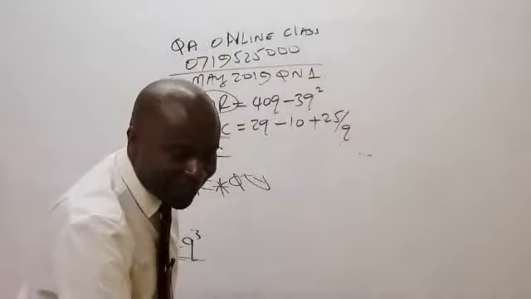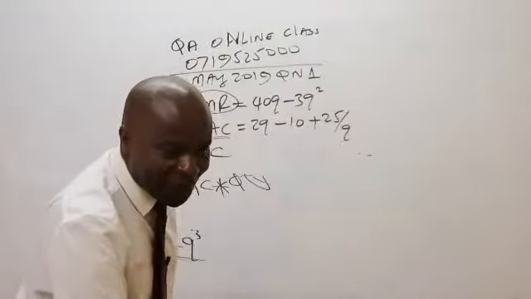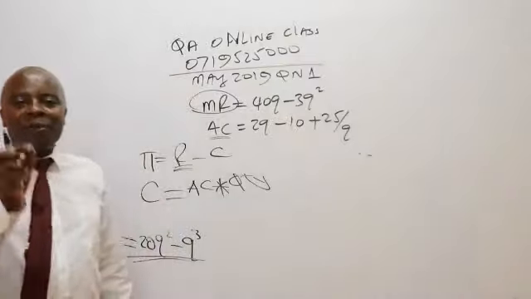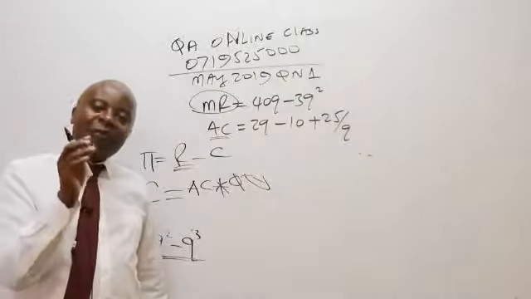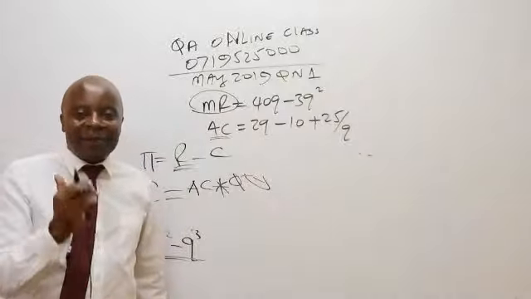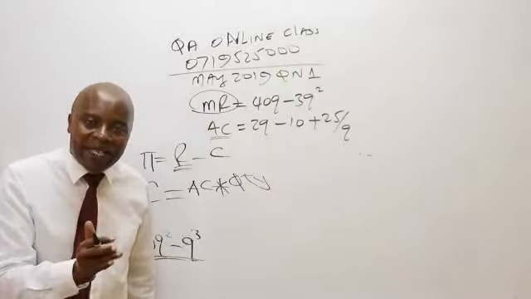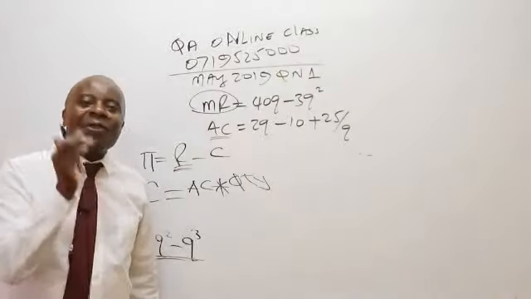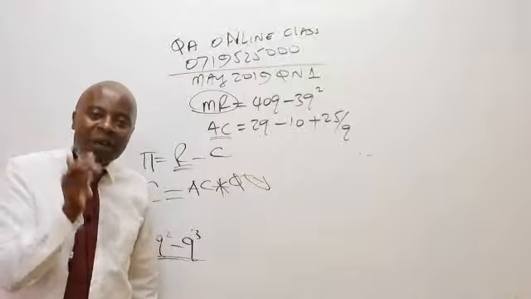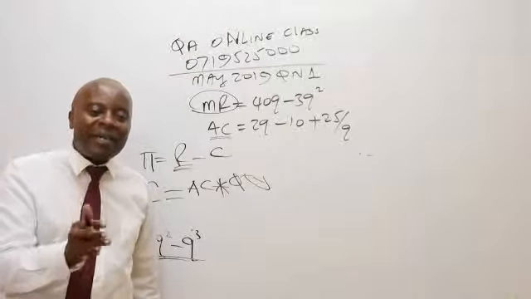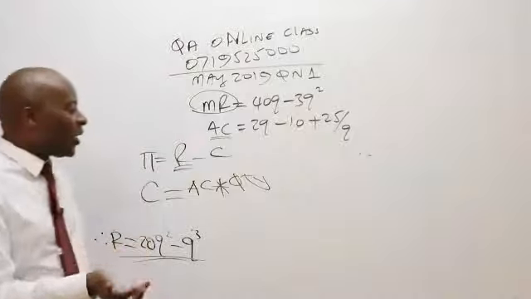So I'm repeating this again: if you have cost per unit, to get total cost, you take the cost per unit, which is average cost, times the number of units, and that is it.